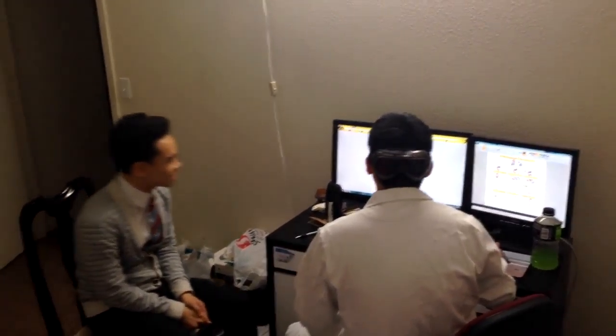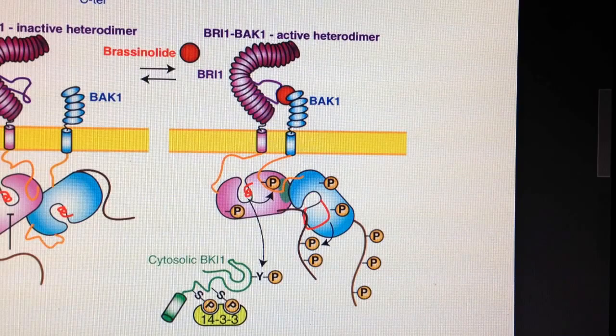I'm excited. The figures that we're about to look at are from a Tansley Review, an article called The Molecular Circuitry of Brassinosteroid Signaling by Youssef Belkhadir and Yvon Jaillais. So, as you can see, the main receptor of the BR signal transduction pathway is BRI1.